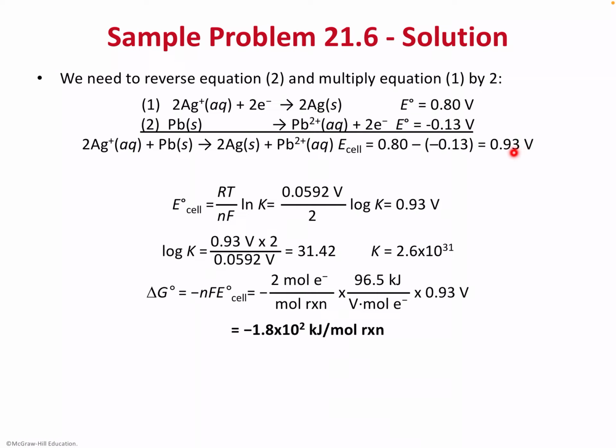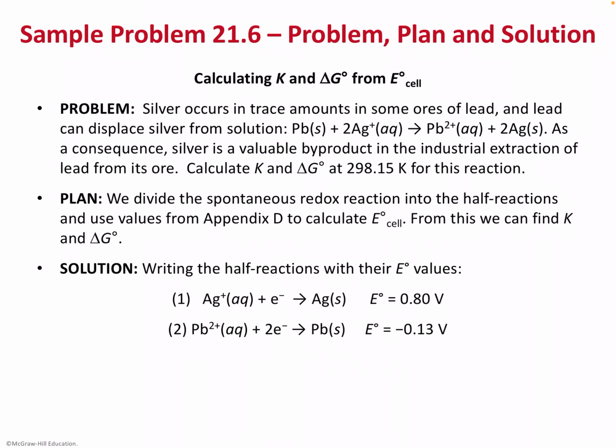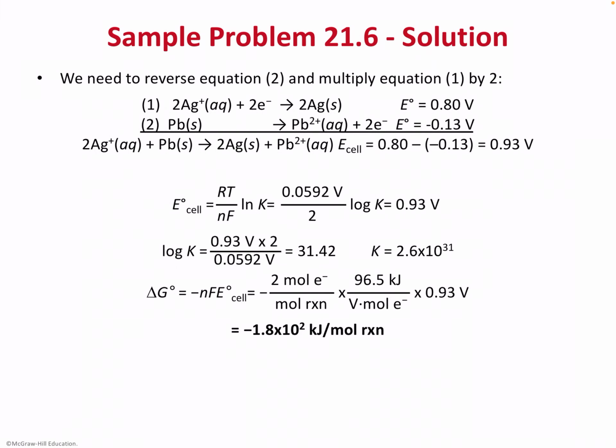What we want to find out is to calculate K and delta G naught. Okay, and then we calculate E naught cell. We were not given E naught cell here, we calculated that.